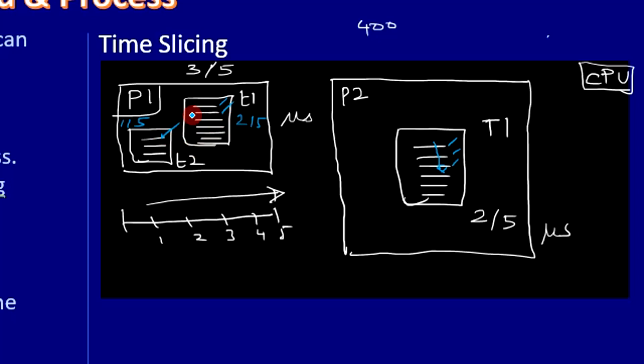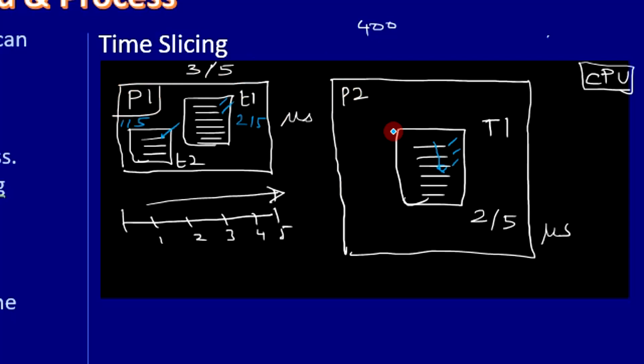So for us it looks like all are running in parallel, but in the case of one CPU, it definitely executes the instruction sets one by one. Since this is in nanoseconds, it looks like all processes are running in parallel because of this time slicing mechanism. So here we are talking about a single process, right?